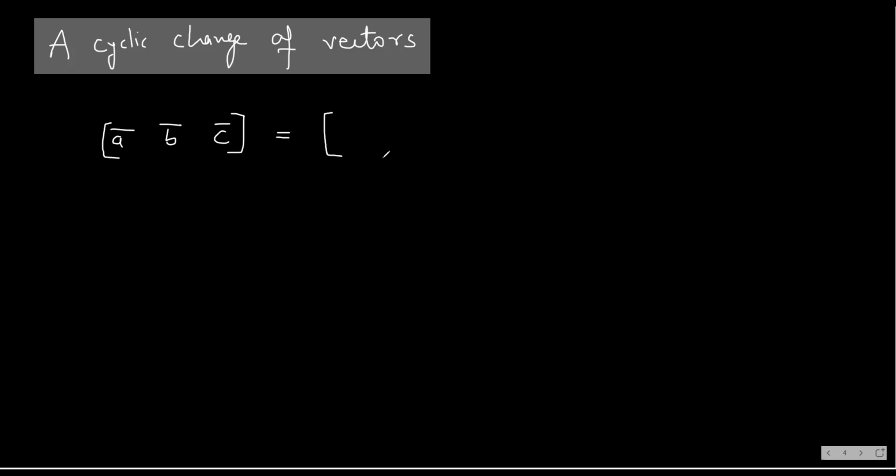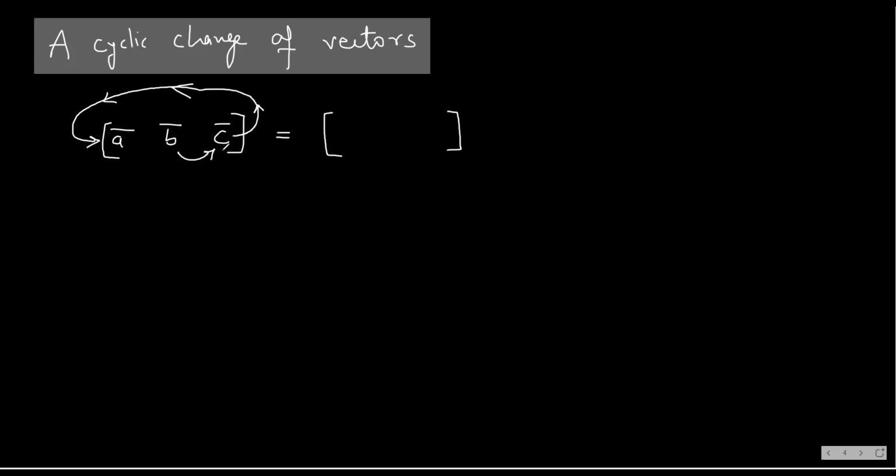Now, when B bar moves to the place of C bar, it is because C bar has moved out and it is going for the place of A bar. You see this? C bar is moving out for the place of A bar. Now, as C bar moves out, the place of C bar is vacant, so B bar moves to the C bar place.